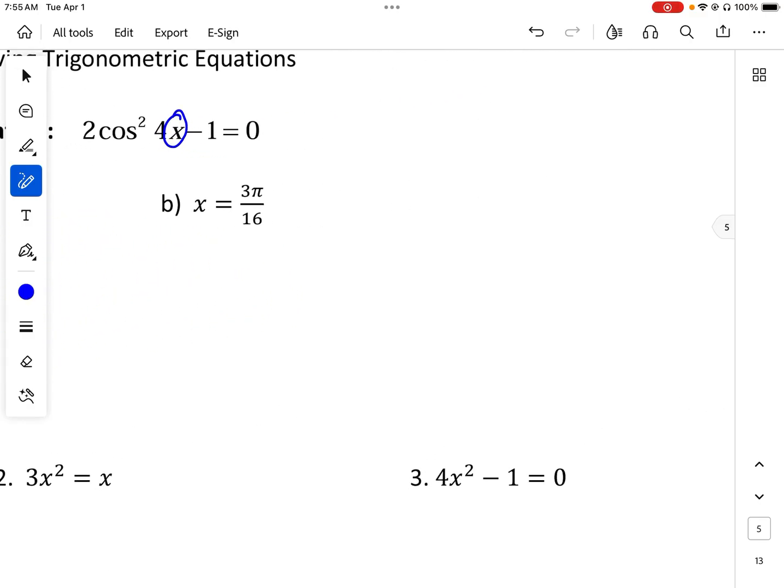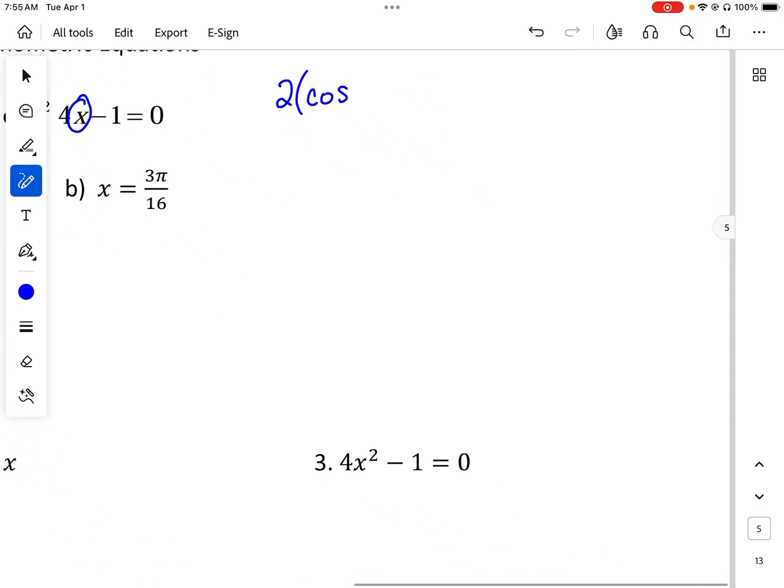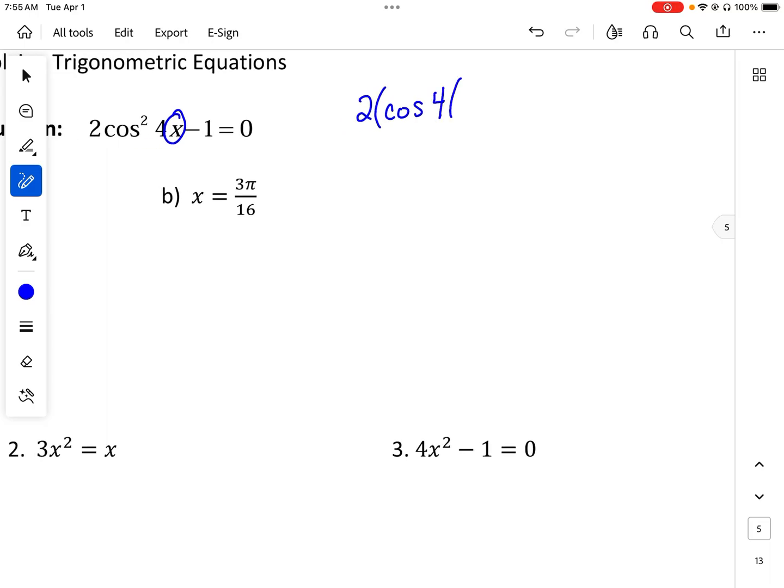Okay, let's go to the next one. So same thing, but this time whenever I start it, I am going to start it by doing cosine of 4 times 3 pi over 16. Close all of our parentheses and then put the squared here, minus 1.